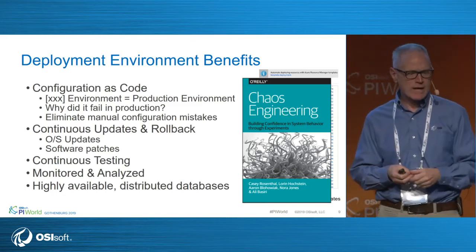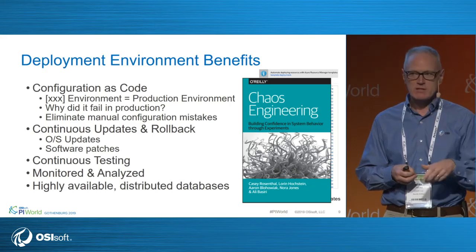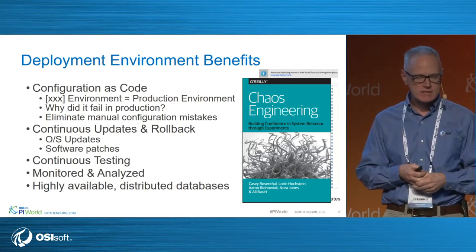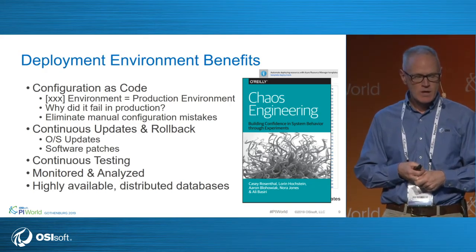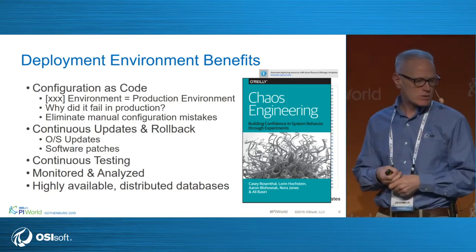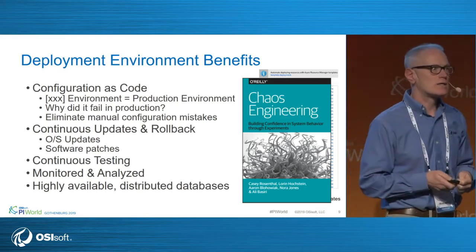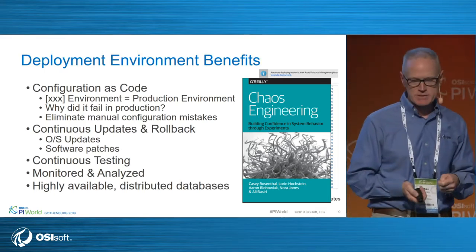That's what chaos testing is about, and we try very hard to take advantage of that capability, and we do have chaos testing in our environments. We do monitoring and analyzing of the environment continuously, and the architecture is built to support highly reliable and distributed databases.